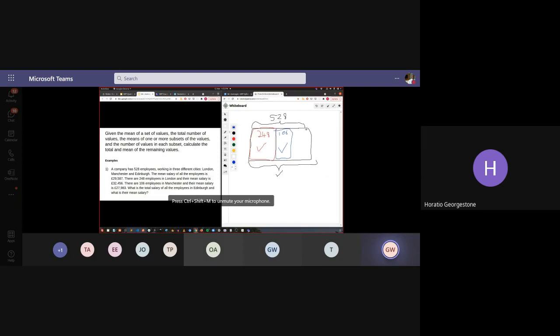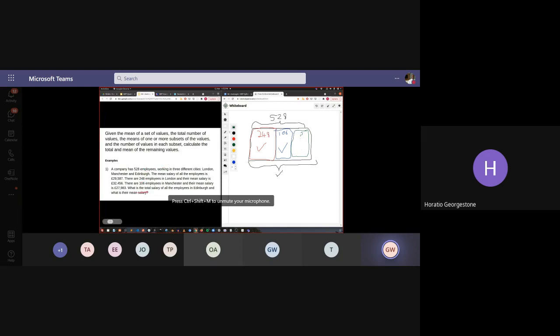So we want to know how many employees are in Edinburgh. We're not actually told, but we can work that out very quickly because it would just be 528 minus these two numbers, the difference between 528 and the sum of these two. We'll do that a bit later because we don't need to do that straight away.